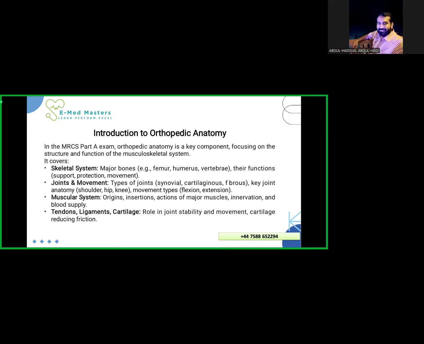If one or two movements are defective, we have to know the pathology and physiology behind that, and then correct them. That roughly sums up the whole of MRCS Part A. Then there are the muscular systems which support these joints and bones, and the tendons, ligaments, and cartilage, which build the structure, provide joint stability and movement, and reduce friction.